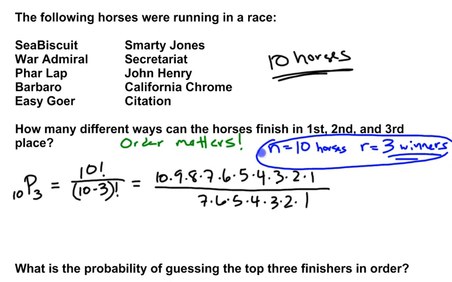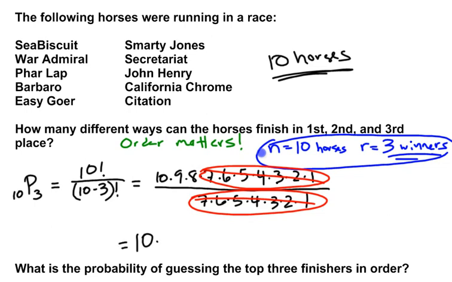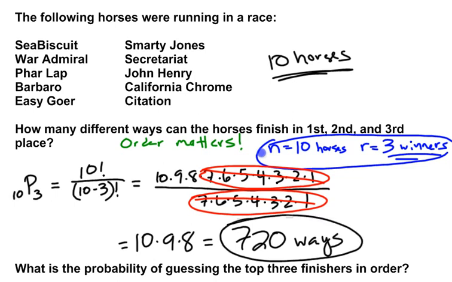If anything else, these give you a lot of things to write out. But doing it by hand, we can see we cancel out from 7 down, and that leaves us with 10 times 9 times 8, which is 720 ways for these horses to finish first, second, and third.